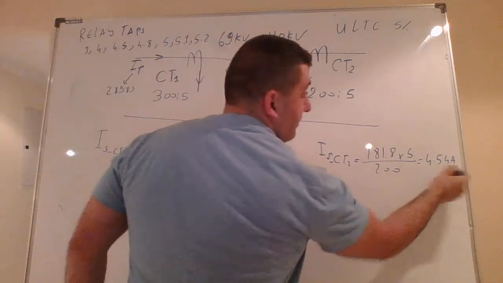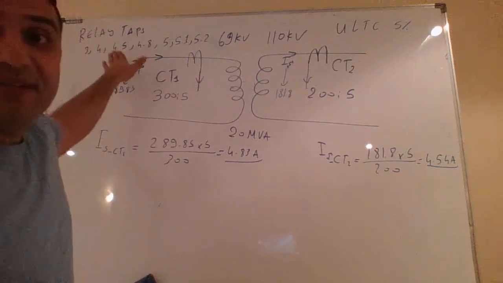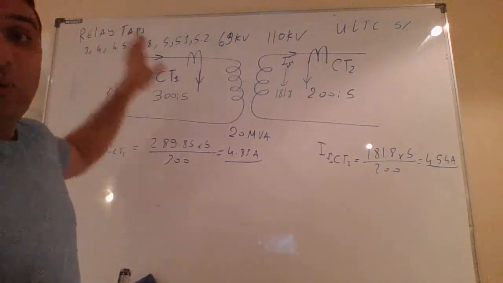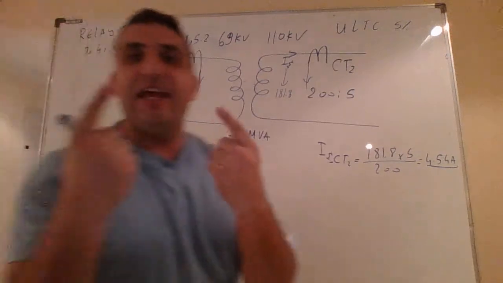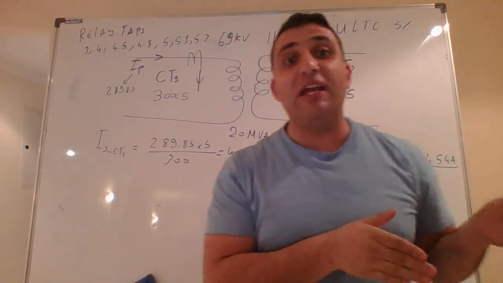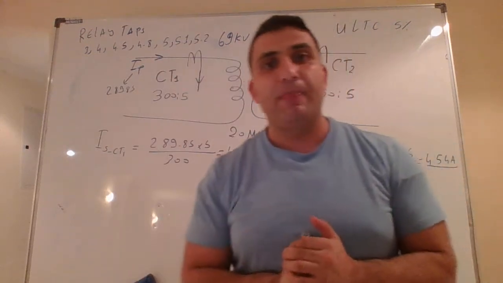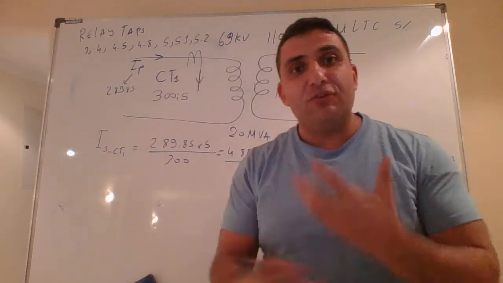Now, in this number, I need to find the relay taps. The closest relay tap will allow me to reduce my error. As you can see, if the relay has only one tap of 5 amps, you have to go back to the relay chapter to go into more detail in relation to the tap. Inside the relay, there's an electronic circuit.